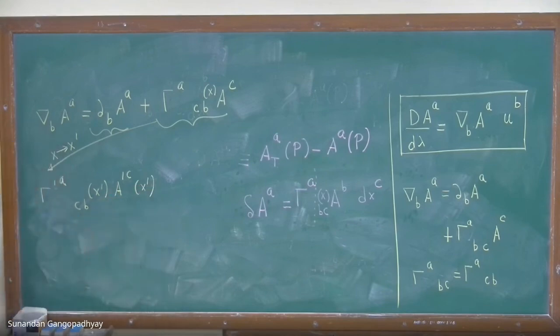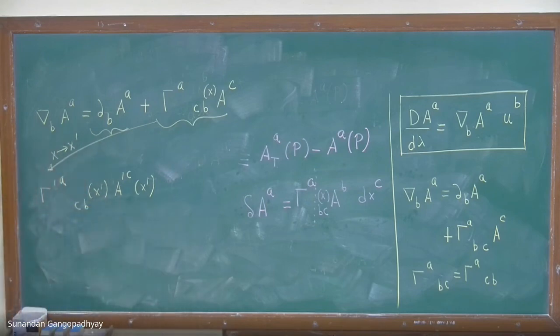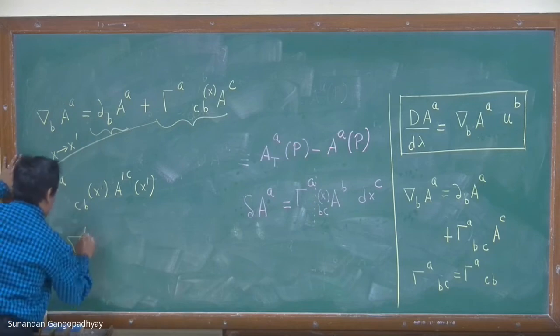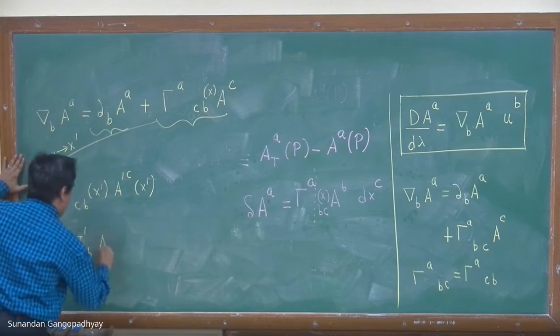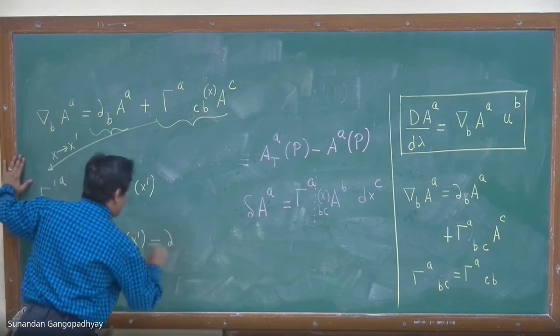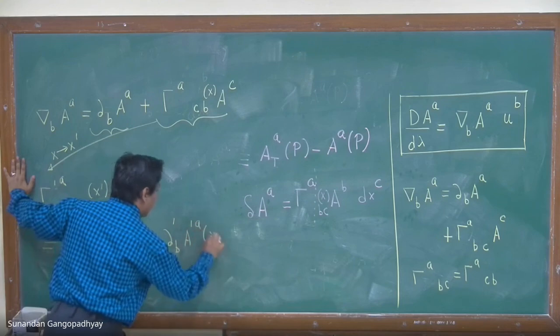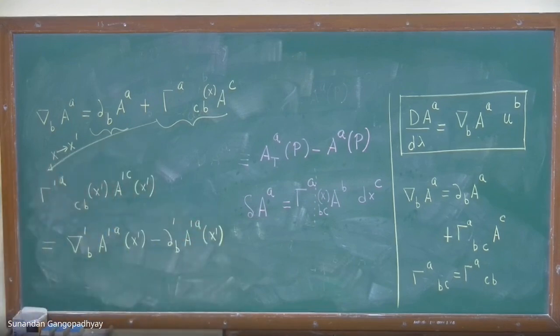So this will go to this, but this is equal to grad prime B A prime A of x prime minus del prime B A prime A. Why?